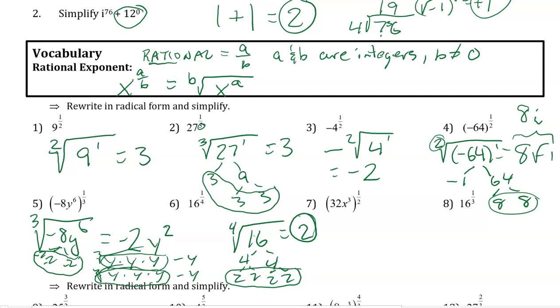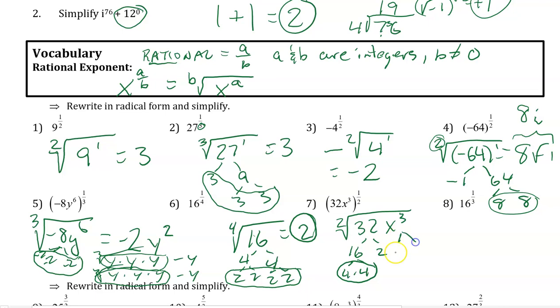Number 7, 32x cubed to the 1/2 power. So this is the square root of 32x cubed. 32 is 16 times 2. 16 is 4 times 4. So here we have a perfect square.